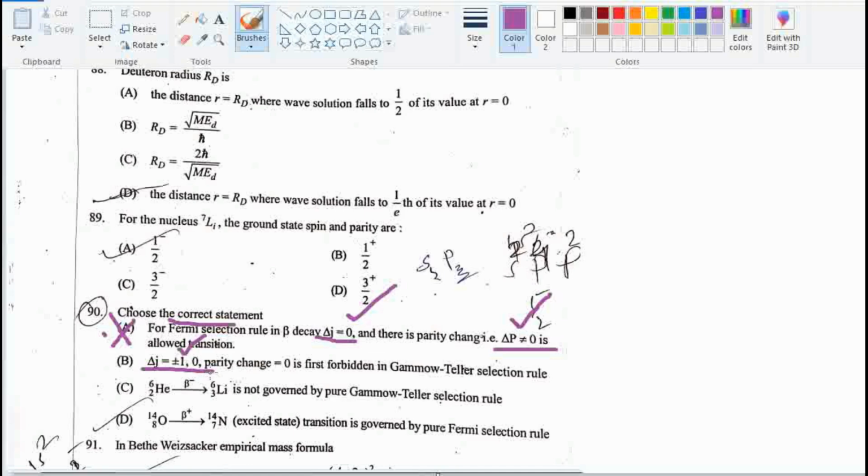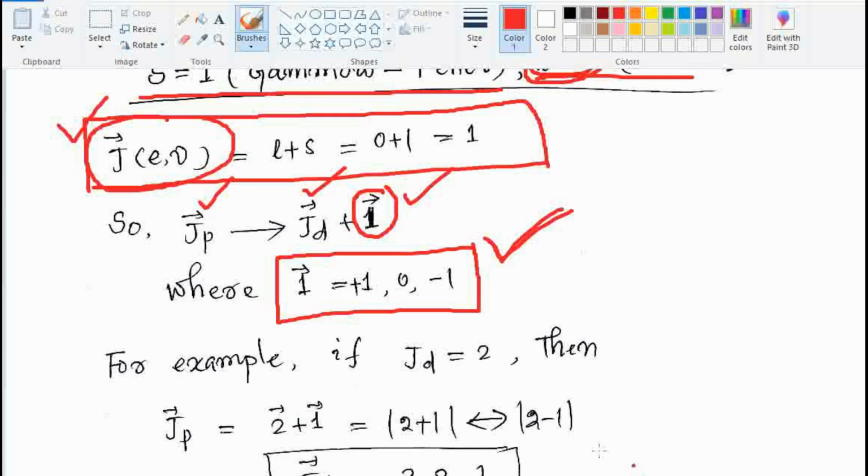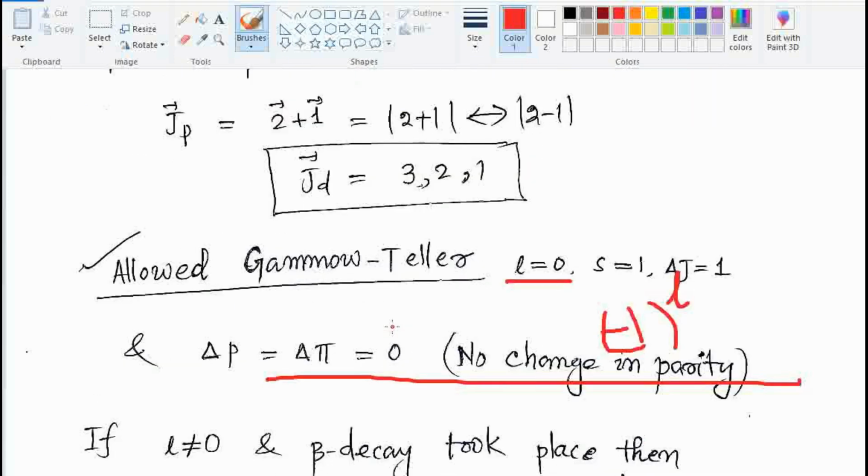Now you see what is the parity? Parity change. Yes, you see del P equal to 0. It is also the correct statement.